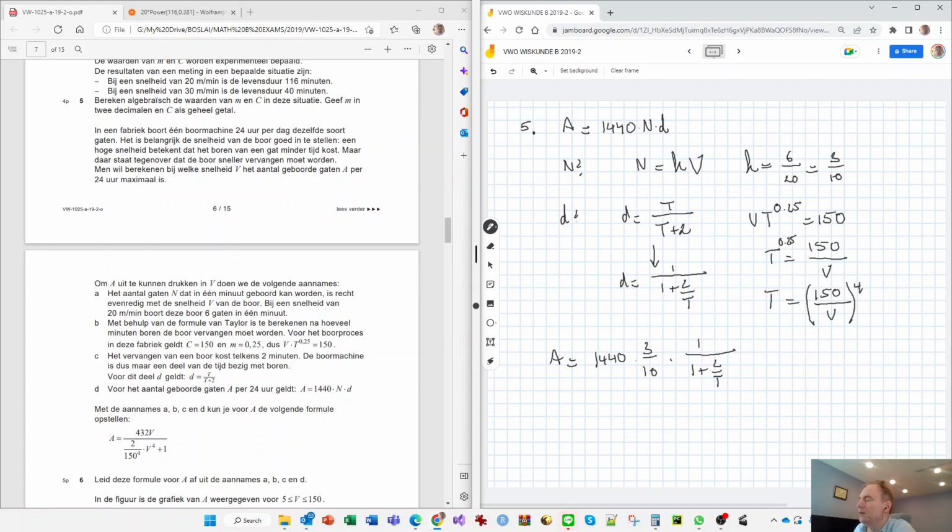And if this is T, then 2/T is 2 times this with the numerator and denominator flipped.